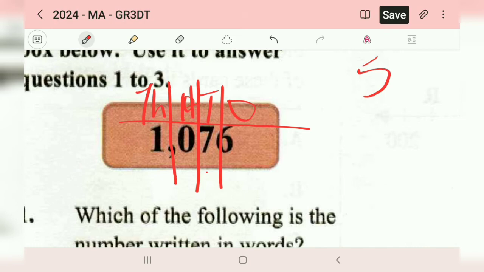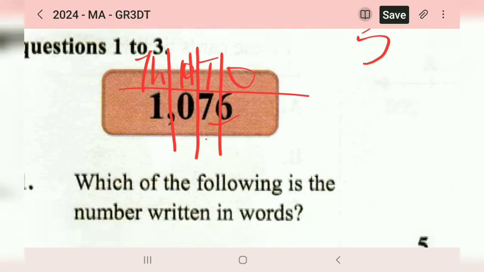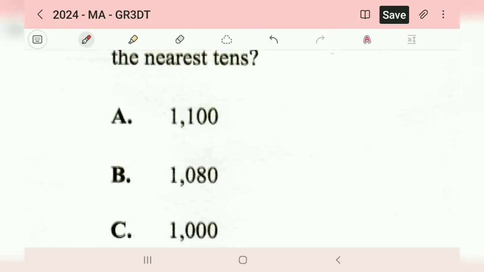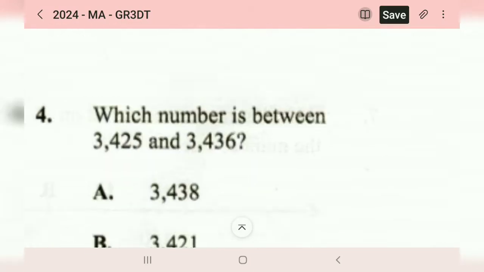If it's less than 5, it remains the same. Because 7 is more than 5, it's going to be 8. So 76 is really closer to being 80 than it is to being 70. The answer is B, 1080. Good job.